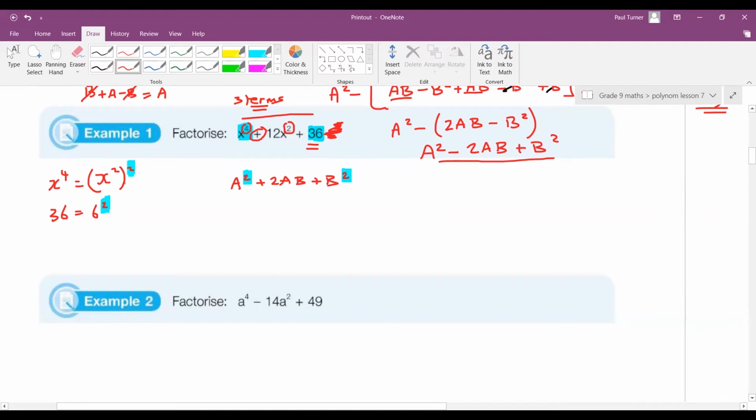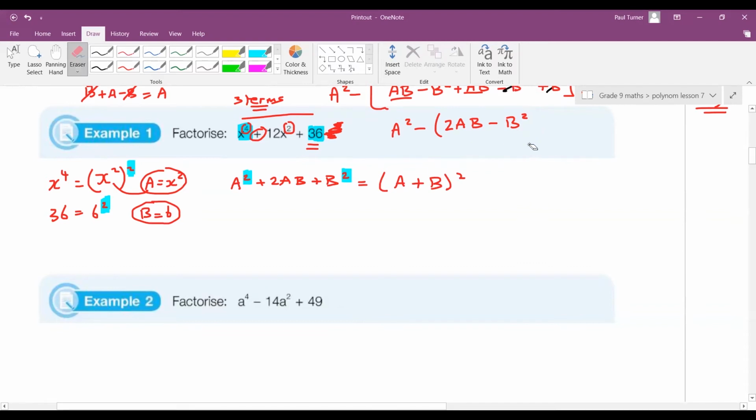So here it looks like a, in this first question, a is x squared from this one, and b is 6, the same as you did the week before last. So b is 6. So if we have this pattern, we know we can write that as a plus b all squared.